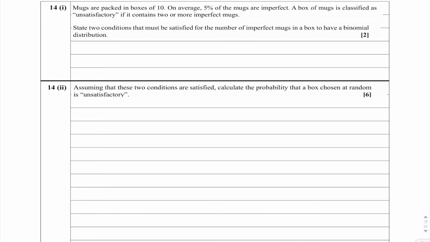So for a binomial distribution, the probability must be fixed, that is, remain constant.